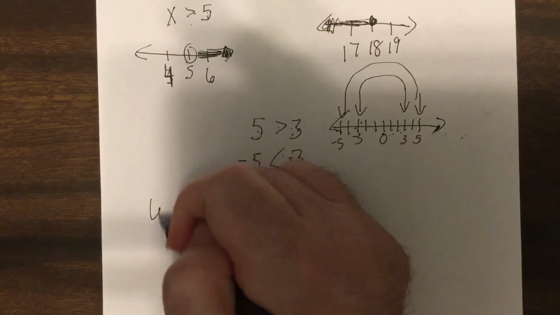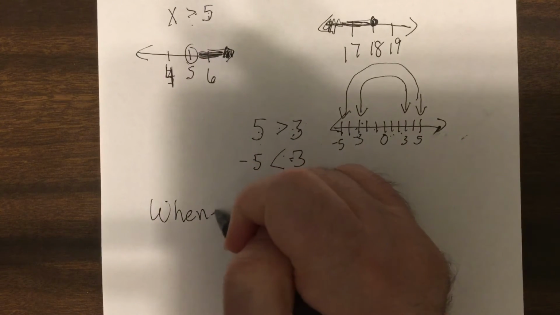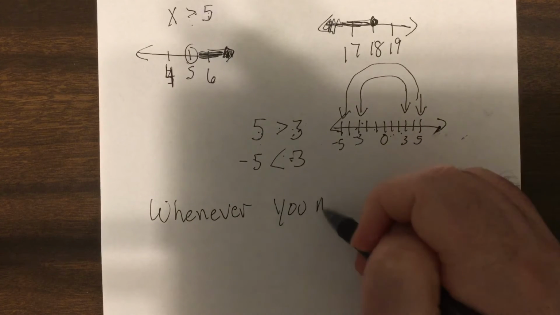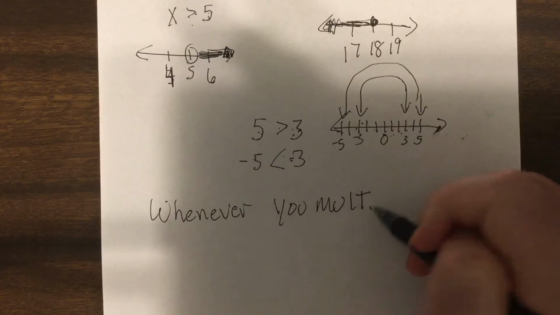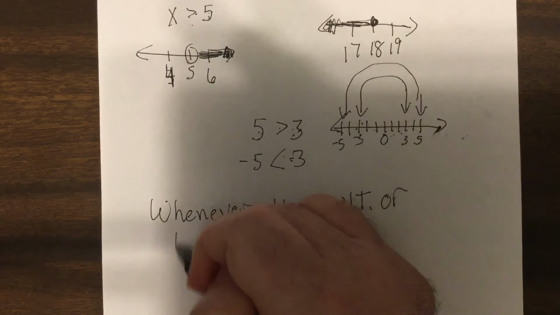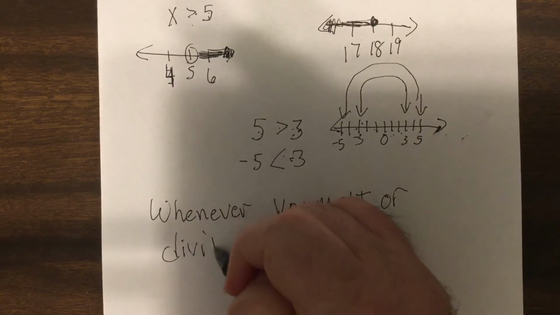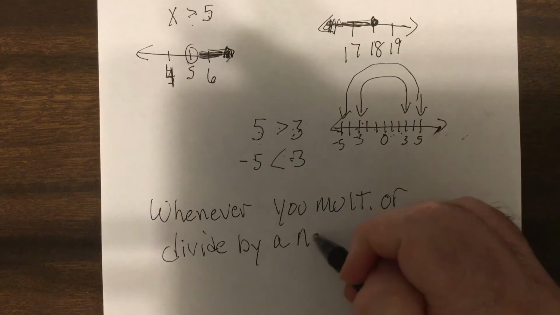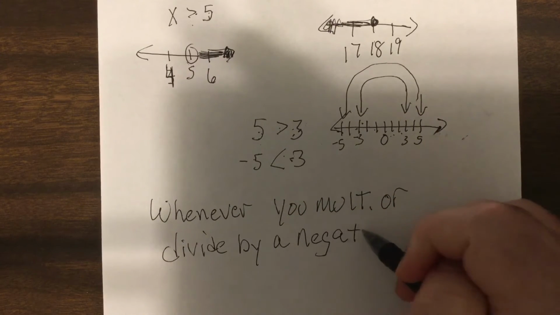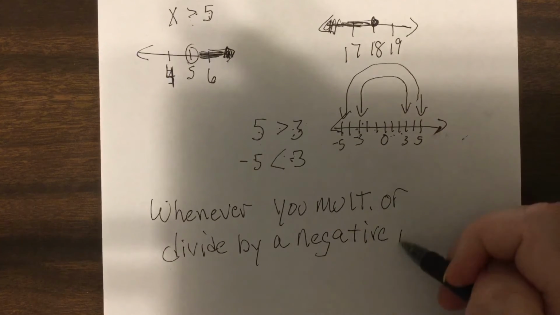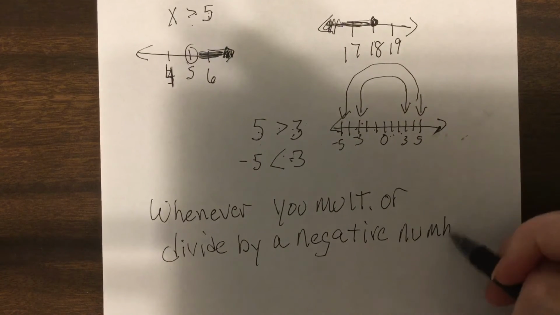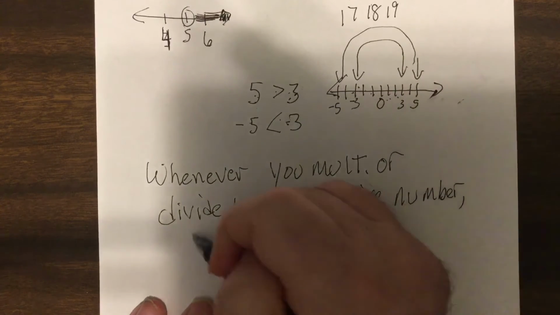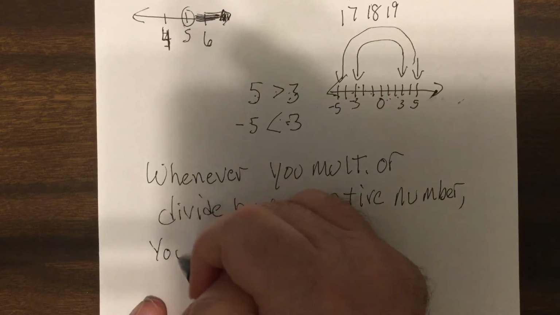So whenever you multiply or divide by a negative number, you must switch the inequality.